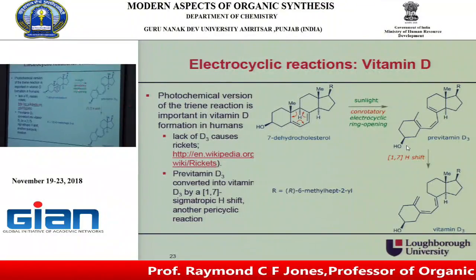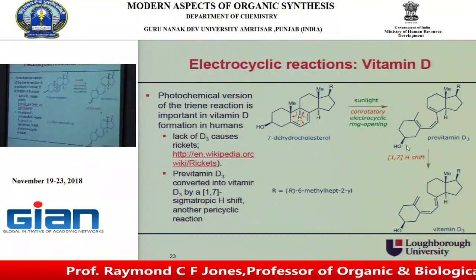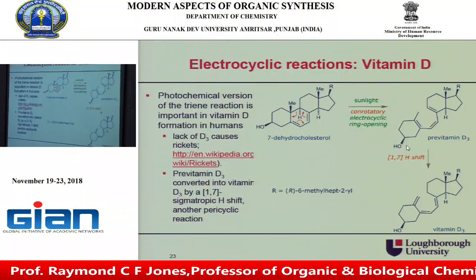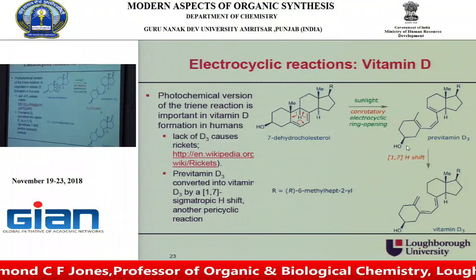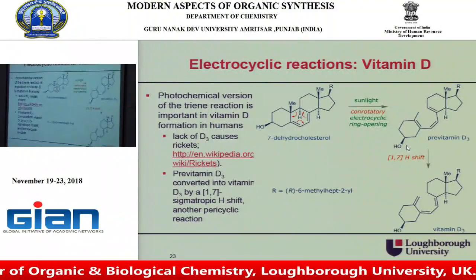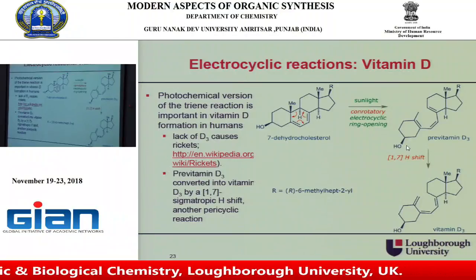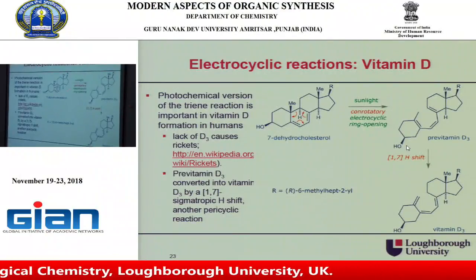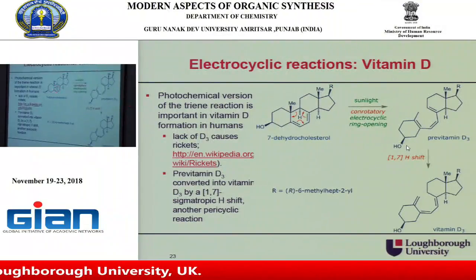Sunlight is producing a photochemical ring opening of this system. It's a conrotatory electrocyclic ring opening photochemically. So a 6 pi system, or 6 electron system, a triene here, is converted into a diene and a sigma bond. It's a 6 electron system, but photochemical, so it's conrotatory.